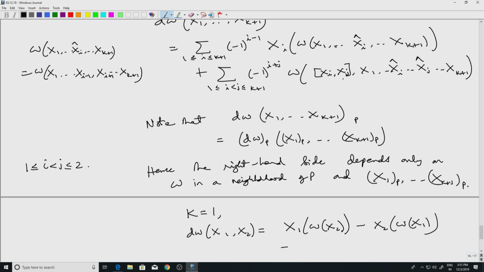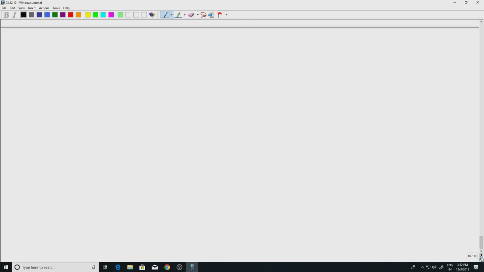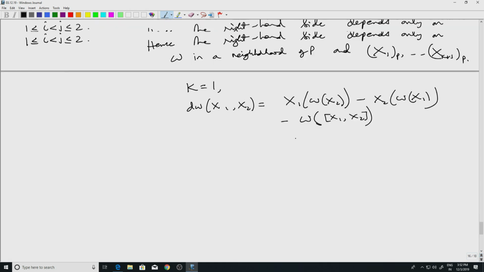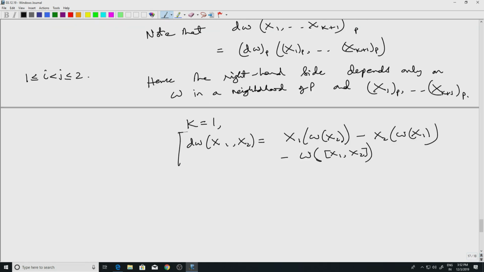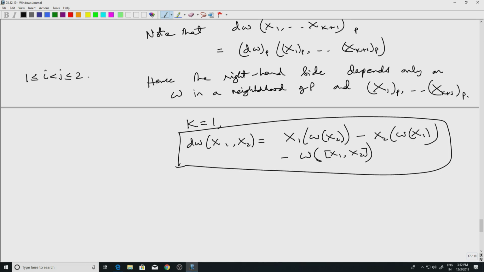So essentially there's only one term in the sum, and I'll get a negative sign. So omega acting on, and if I omit these two vector fields, there's nothing else remains. So I'm just left with the Lie bracket of x1, x2. This is the formula that I had mentioned earlier. So this is only for one forms.